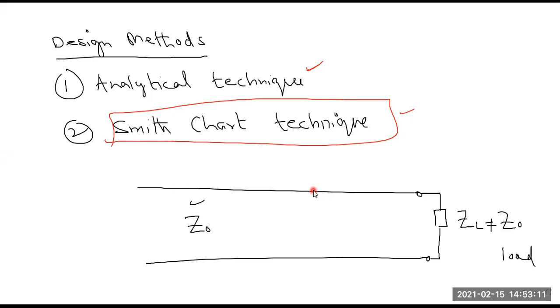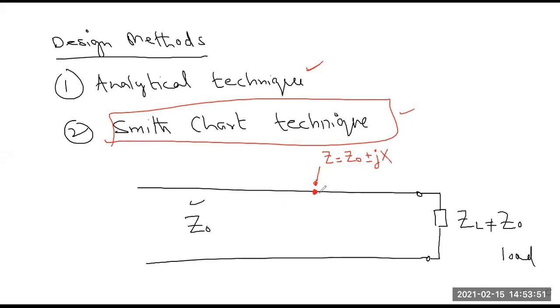We need to find a point on this transmission line, let's assume it is the point I'm representing with this dot, where if I measure the impedance, it is equal to Z naught minus plus Jx.